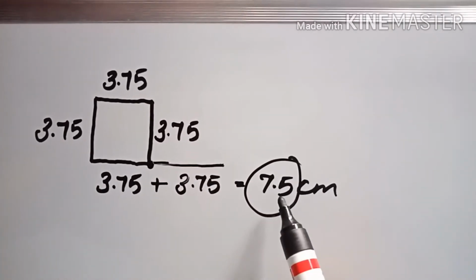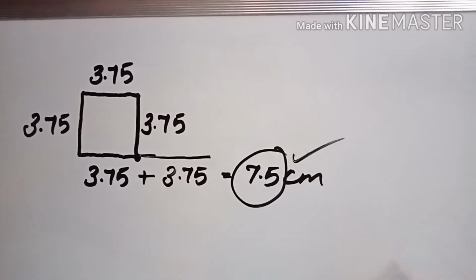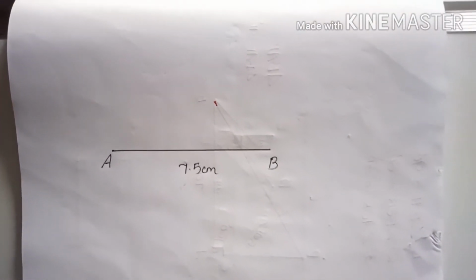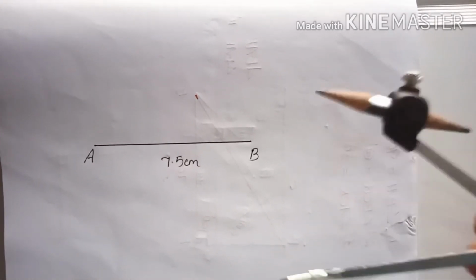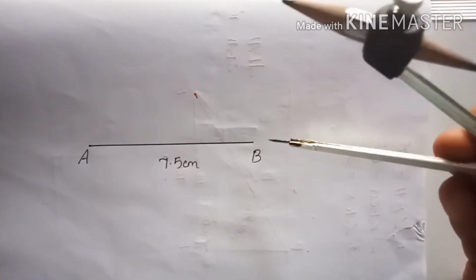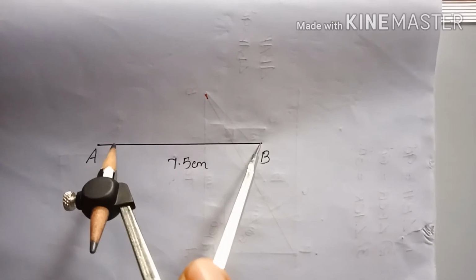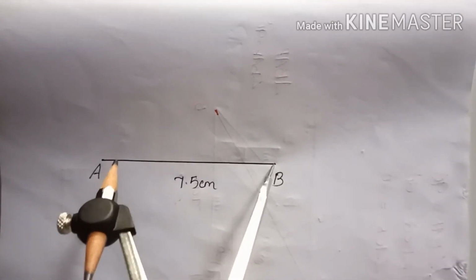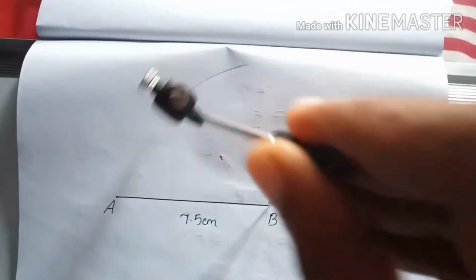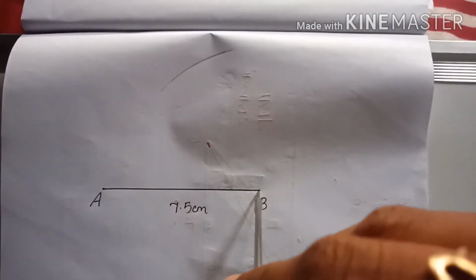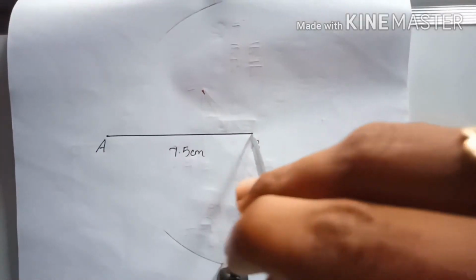So first draw a 7.5 centimeter long line. This is the 7.5 centimeter line AB. Now we need to draw the perpendicular bisector of this line. For that we need the compass, and keep the pinpoint at the point B. Measure approximately 3/4 of this line. After that draw an arc in the upper side, same in the down portion, like this.